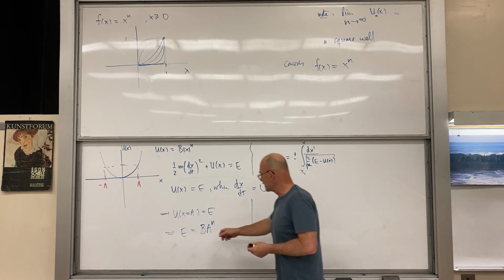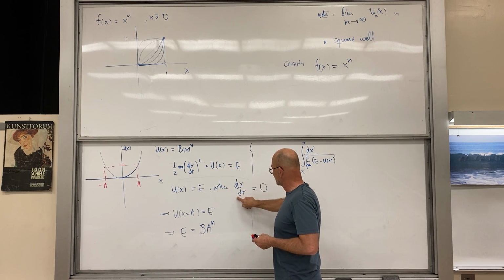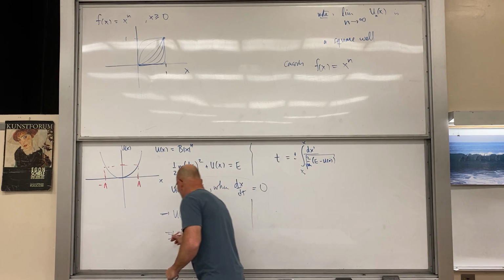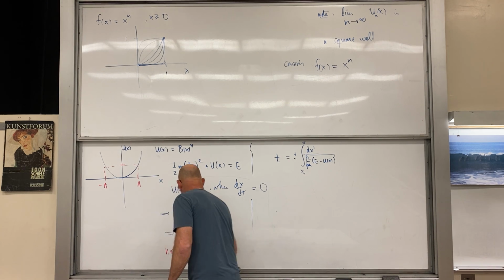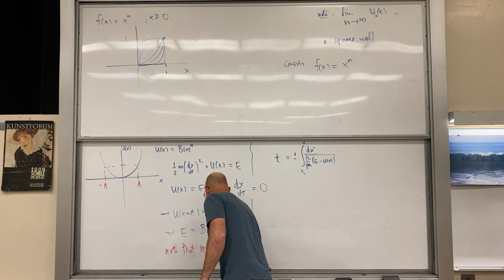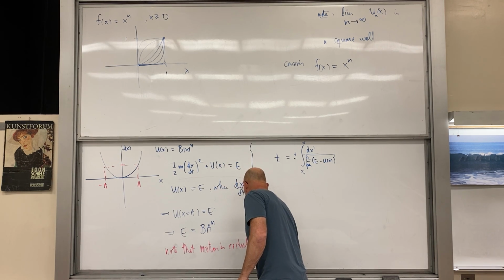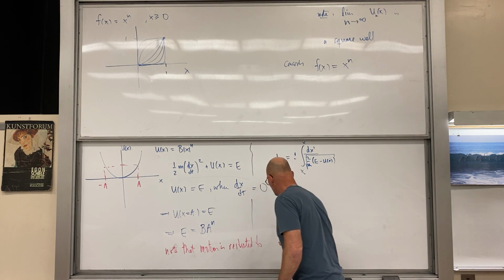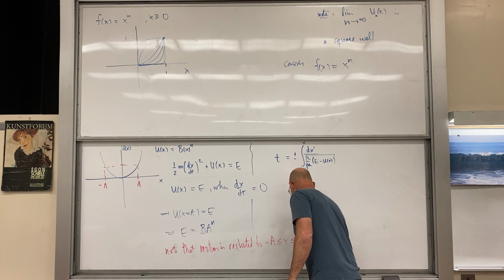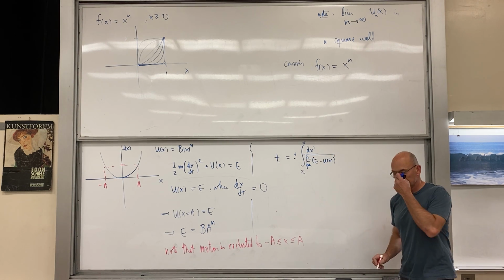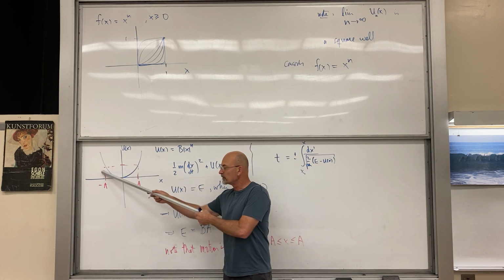So let's actually put this right here. Based on this discussion, it's very important. Note that the motion is restricted to negative A less than or equal to x less than or equal to A. In fact, what we're talking about in a case like this could be an oscillatory motion.